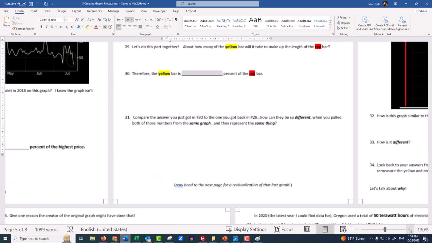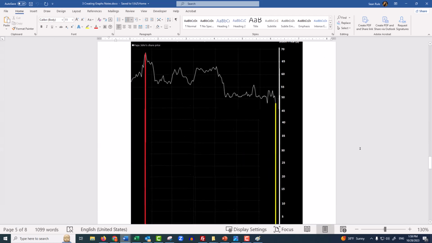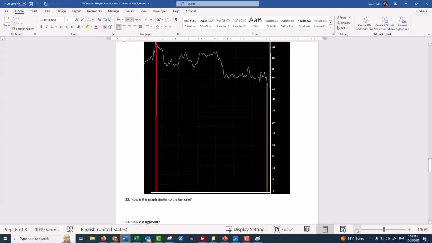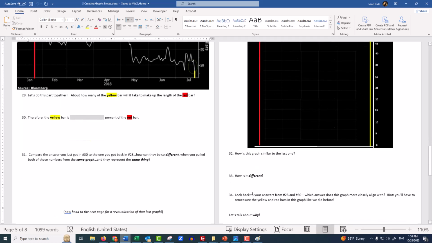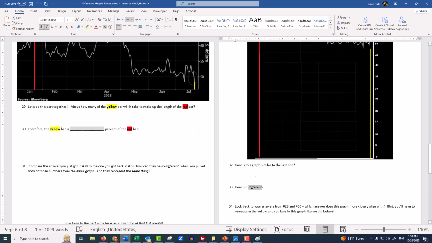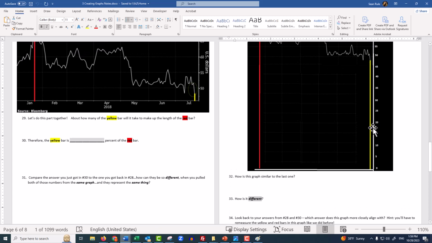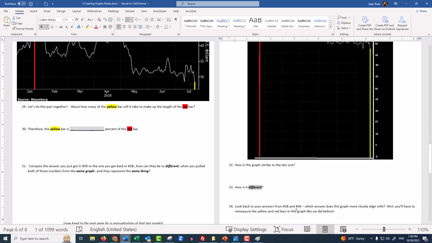Let me zoom back in. So this graph is very similar to the last one we saw because they're both showing the same data. But it's different because it truly drops this bar all the way down to the bottom, which is 0. Now I said, look back to 28 and 30.